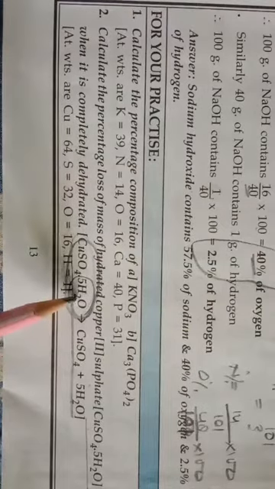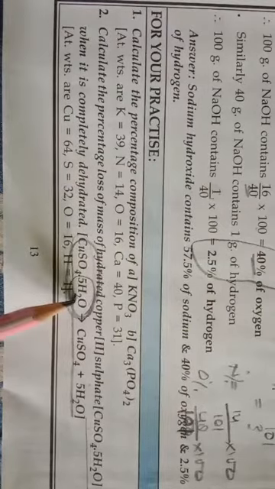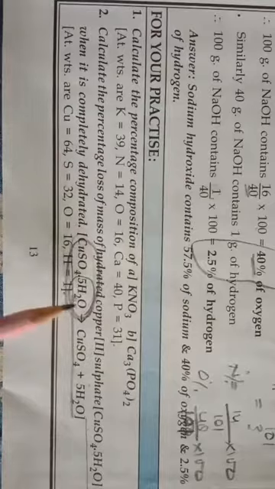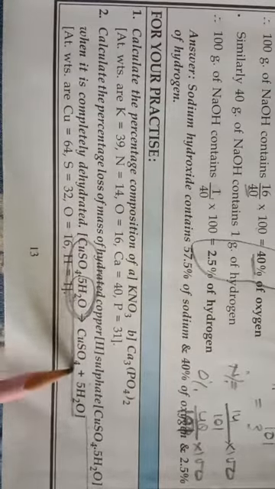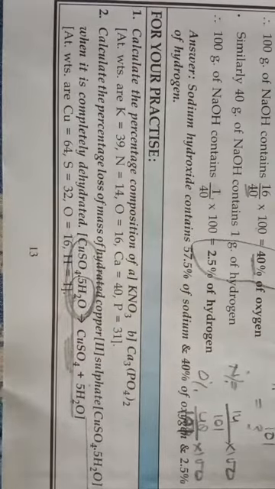And this percentage composition will be lost when this copper sulfate pentahydrate is completely dehydrated. Okay children, so in this way you can calculate this question.